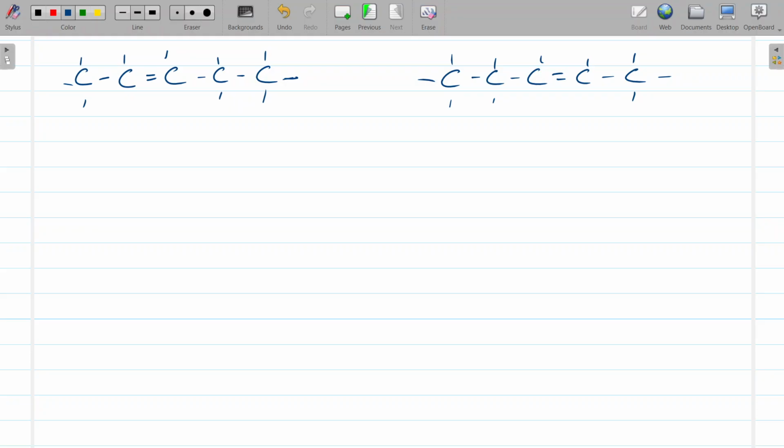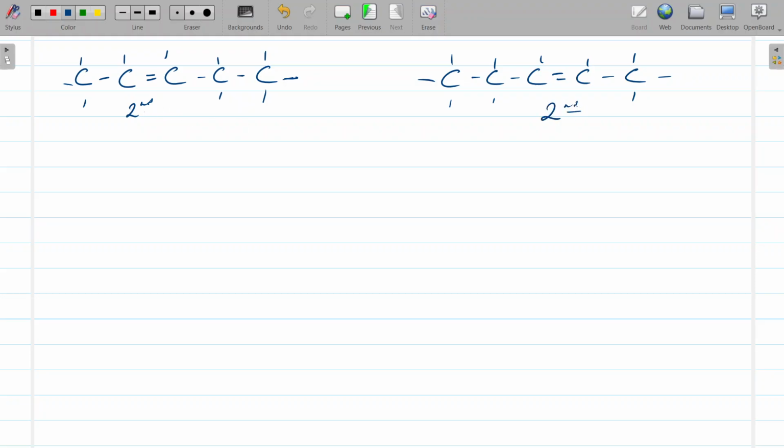Is the position of the double covalent bond different? How? What's the position of the double bond over here? To which carbon will you attribute the double bond? Second. And over here? Second. It's the same thing.